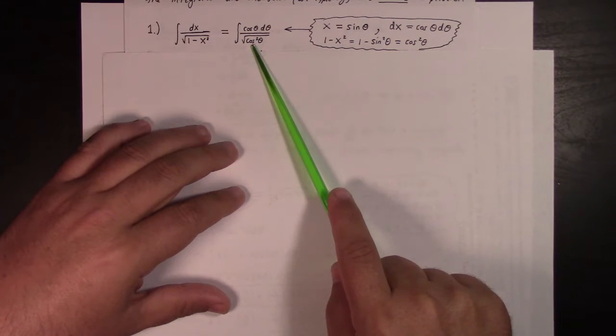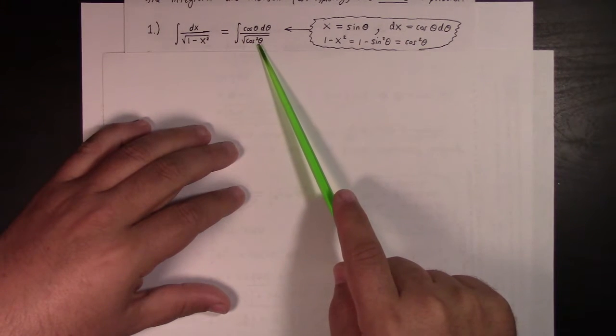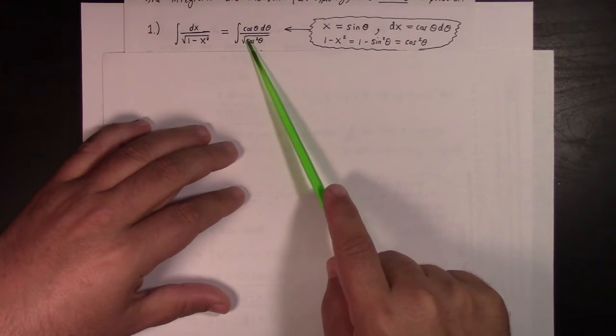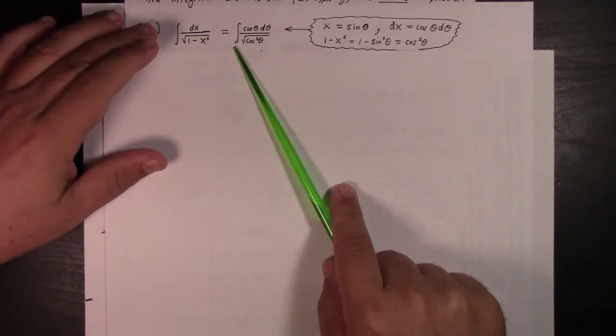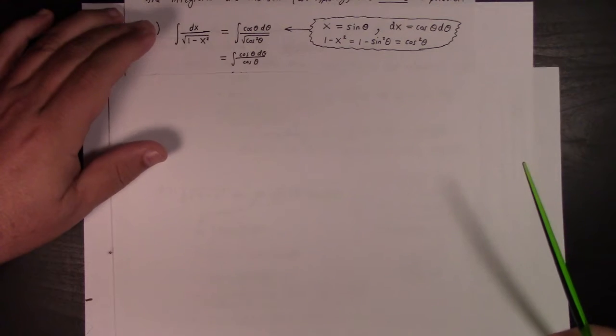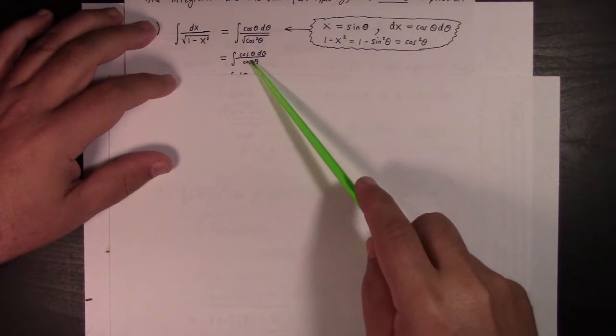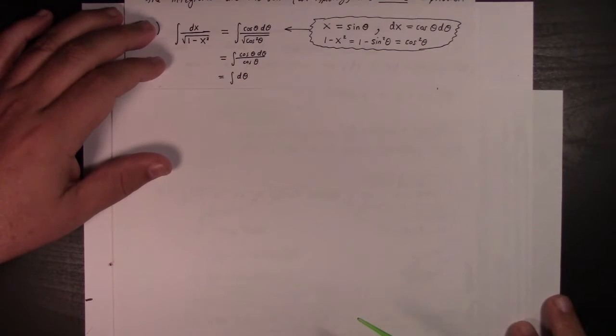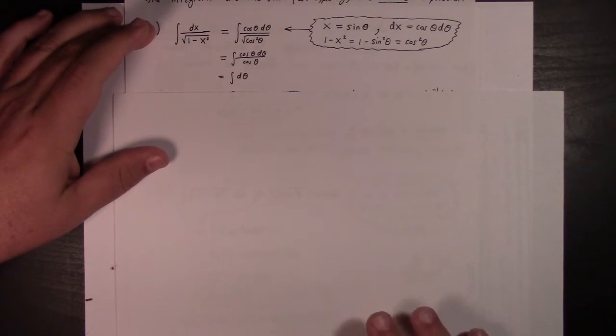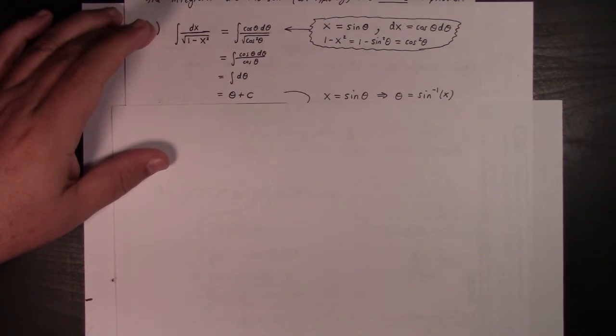And then, given the nature of the substitution, we know that the cosine theta would be positive, so that just reduces to plain old cosine theta. So there we go. We have cosine theta d theta over cosine theta. The cosine thetas cancel, and that just leaves us the integral of d theta, which we can do. That gives us theta plus a constant.